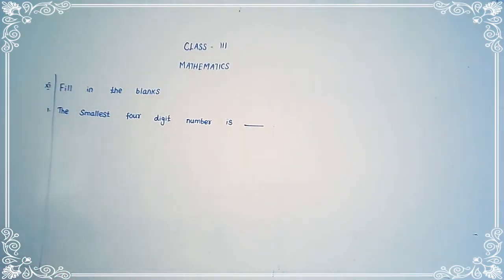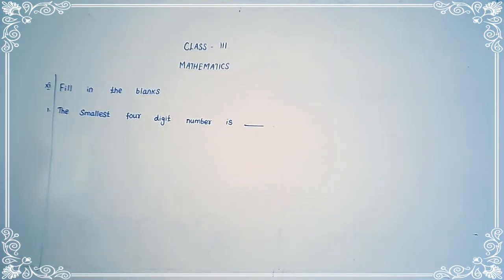The smallest 1-digit number is 1. The smallest 2-digit number is 10. The smallest 3-digit number is 100.